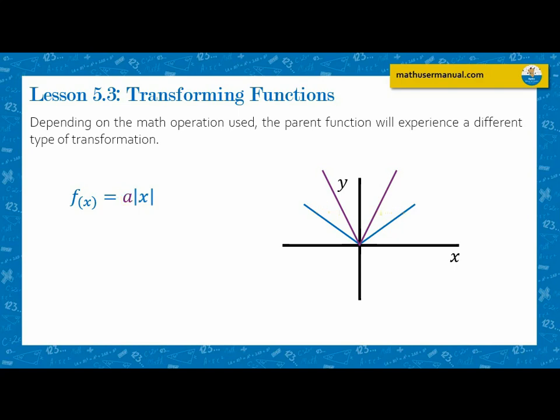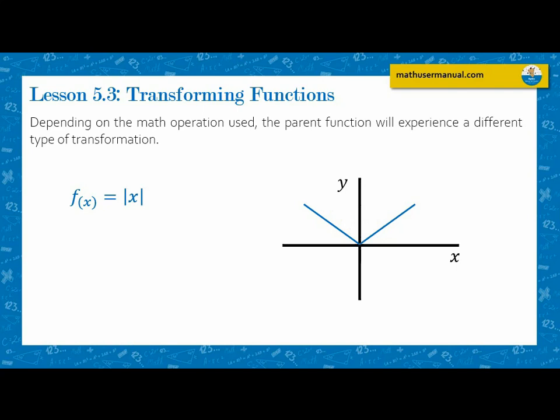And also, if we have division, then our graph compresses by the amount that we are dividing. So the transformations are the same. The thing that changes is the parent function. So depending on whether we have addition, subtraction, multiplication, or division, outside or inside, our parent function is going to have a transformation, but that transformation just depends on the parent function. So the transformation will be the same, but the shape of the parent function will be different.